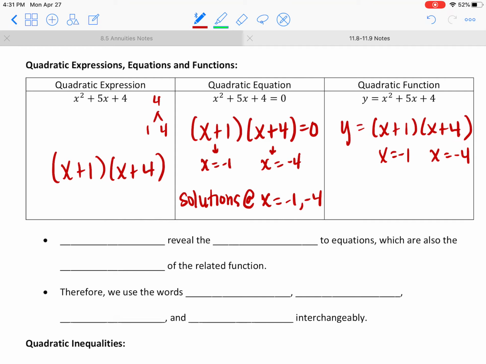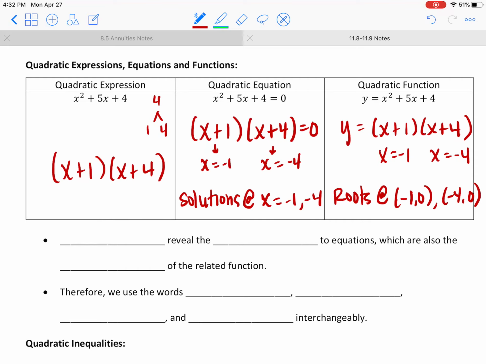So this x equals -1 and x equals -4 are the solutions. But here, these solutions, again, only apply when y is equal to 0, which means they are the x-intercepts for the function. So we have x-intercepts, or roots, at (-1, 0) and (-4, 0).